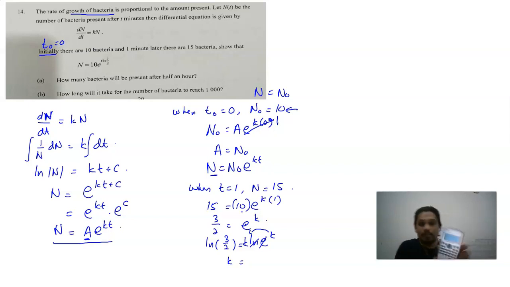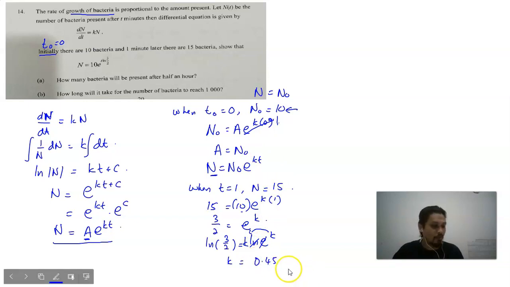You may use the calculator. The answer is K equal to 0.405.